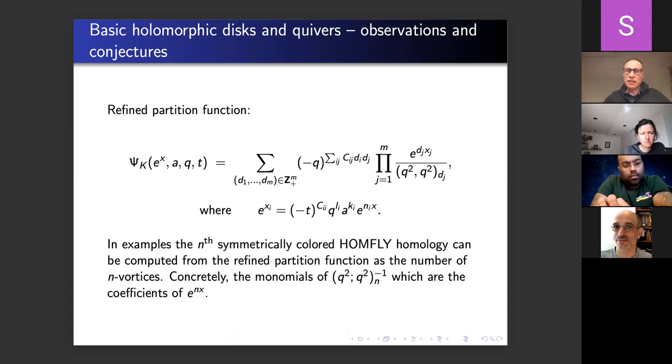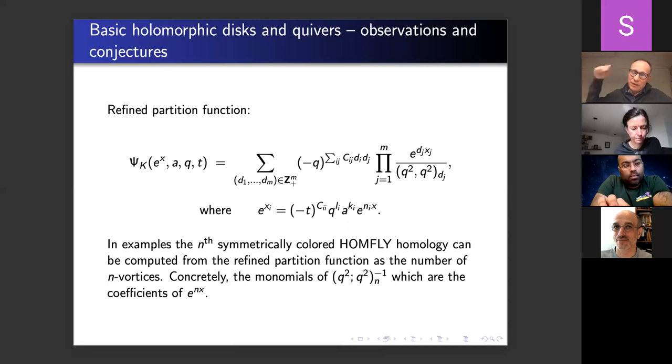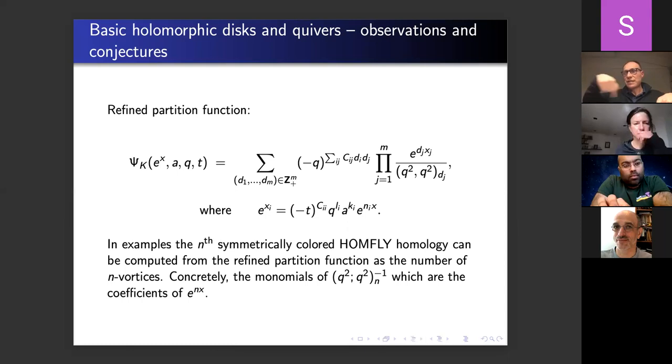The way that it's supposed to go is that you take this function and you express it in terms of the standard Pochhammer symbol. So somehow it's like an equivariant vortex of vorticity n.